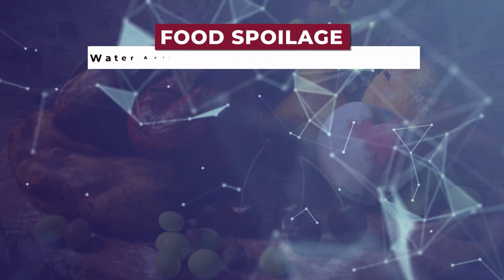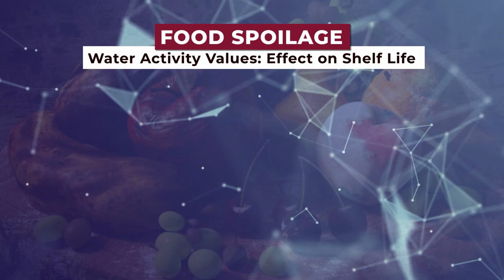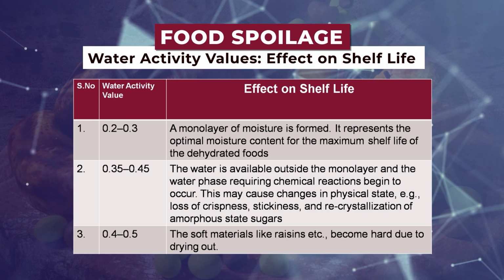Now you can see the link between the water activity and the shelf life. If the water activity is 0.2 to 0.3, the monolayer is formed. If you saw in the sorption isotherm, in the first region the monolayer is formed. It represents the optimal moisture content for the maximum shelf life of the dehydrated food.